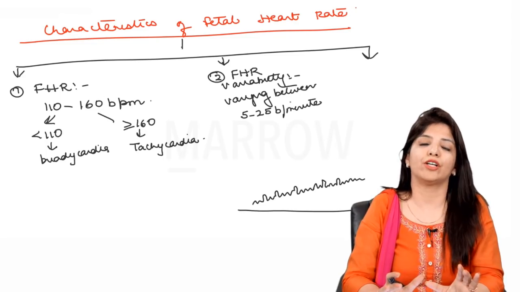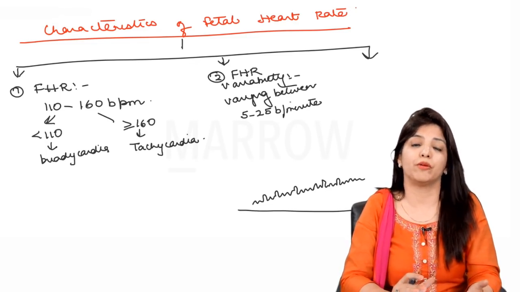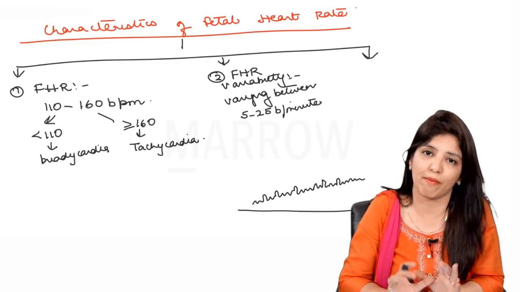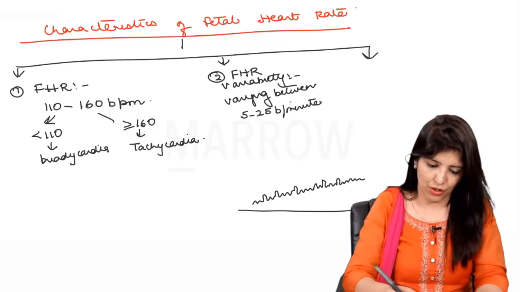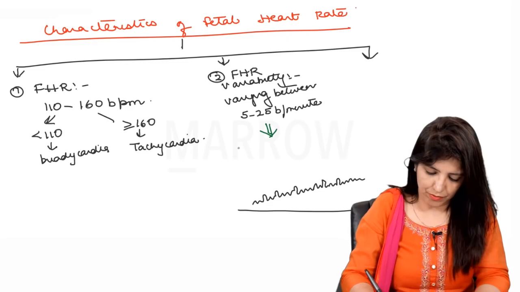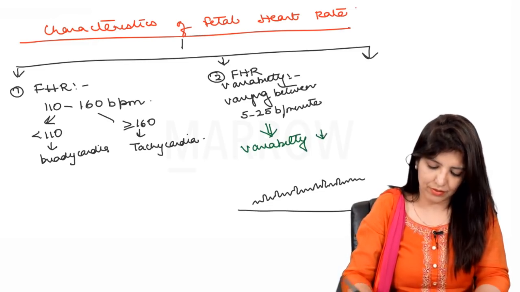If fetal heart rate variability decreases or if fetal heart rate variability is absent, both these are bad things to happen, right? So, if fetal heart rate variability decreases, that is something wrong.